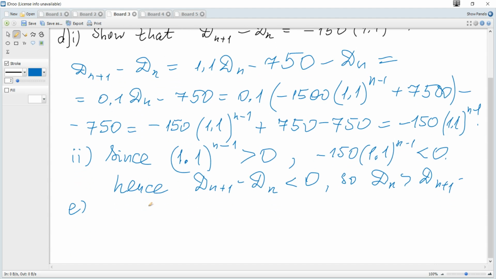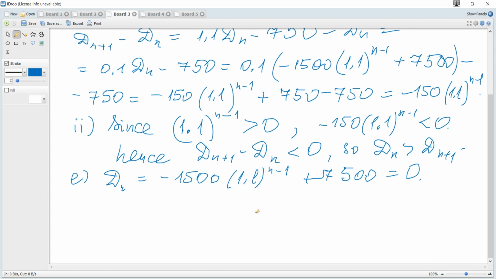Question E. Determine the first year during which there will be no trout remaining in the lake. And it means that Dn is equal to 0, so we can consider Dn, which is negative 1500 times 1.1 to n minus 1 plus 7500, and just set it equal to 0, and we need to just solve for n.